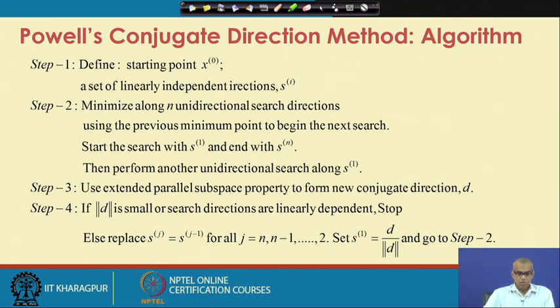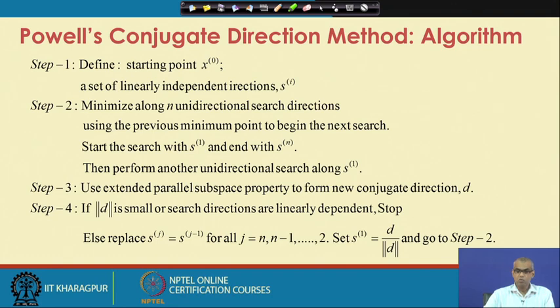Otherwise, we replace S j as S j minus 1 for all j equal to n minus 1 up to 2. Then we normalize the search direction as we set S 1 equal to D divided by norm of D and go to step 2, where again we minimize along n unidirectional search directions using the previous minimum point to begin the next search.